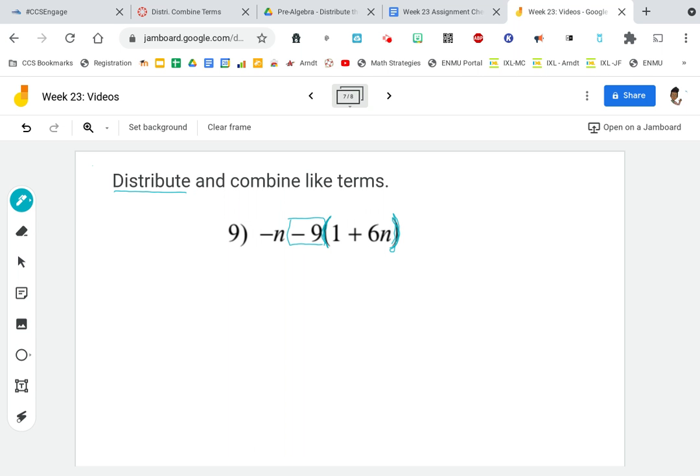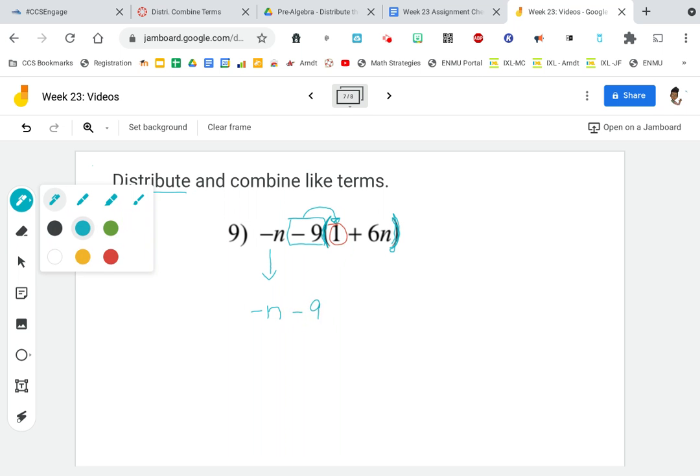Notice this negative n right here. I'm not doing anything with that right now, so I'm just going to bring that down so I don't forget it. But now I have to distribute, so I am going to give out that negative 9 to that positive 1. So a negative 9 multiplied by a positive 1 is negative 9.